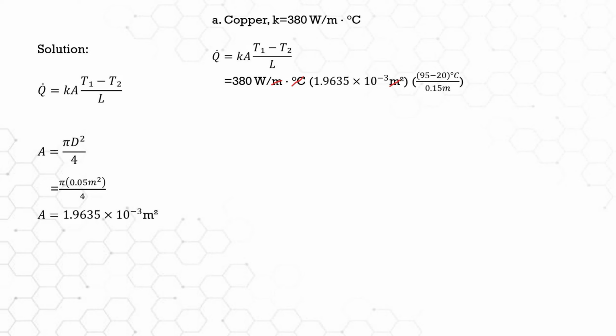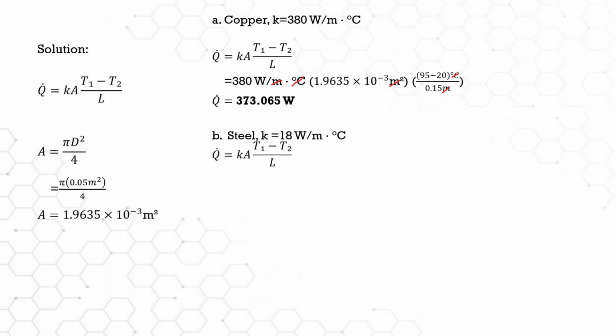So cross out the same units. We have the rate of heat transfer of the copper equals 373.1 watts.